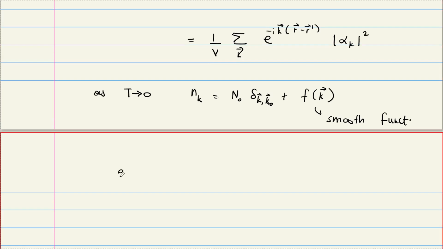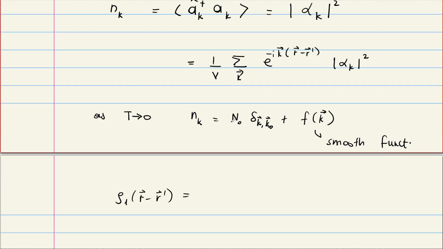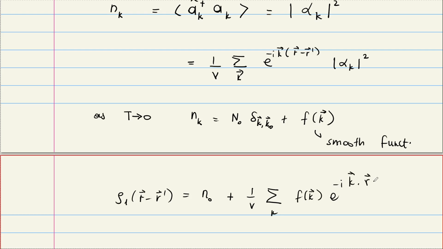So this one particle density matrix, rho of R minus R prime, becomes, so I have N0 and I have V. This is going to give me density at the condensate plus 1 over V sum over all k f of k e to the minus i k dot (r minus r prime).